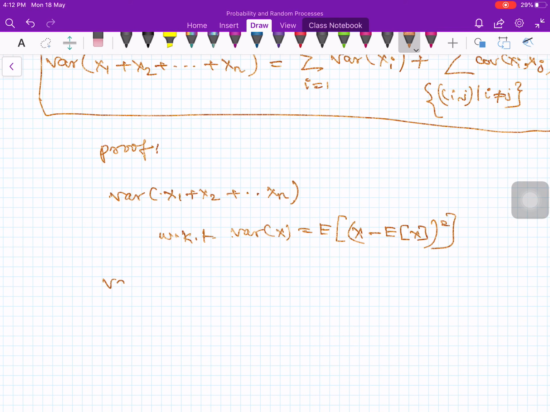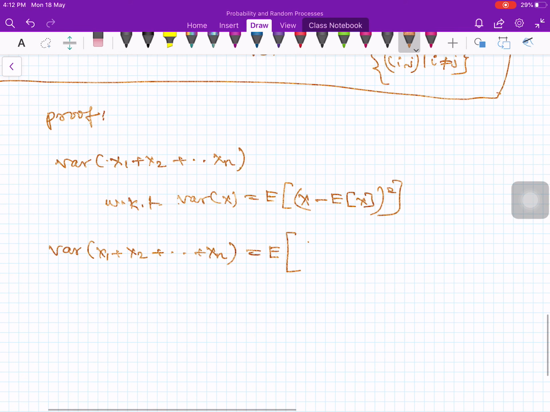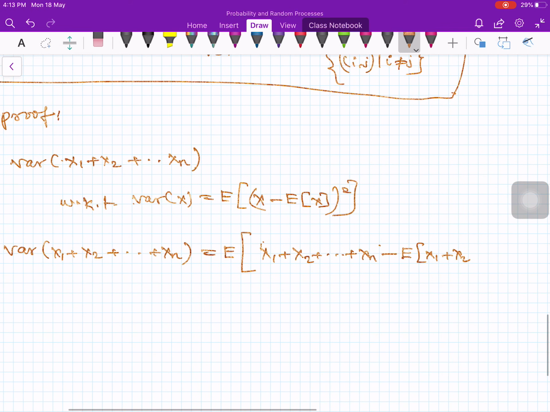Therefore, the variance of x1 plus x2 plus up to xn is equal to the expected value of x1 plus x2 plus up to xn minus the expected value of x1 plus x2 plus up to xn, and square it.